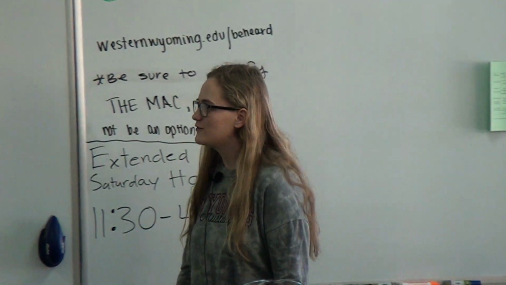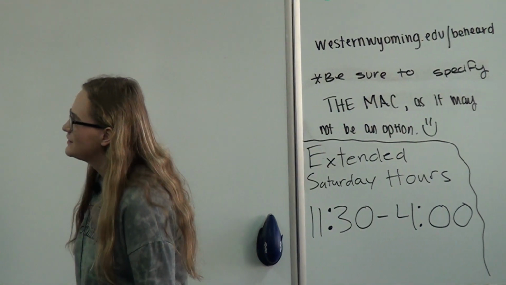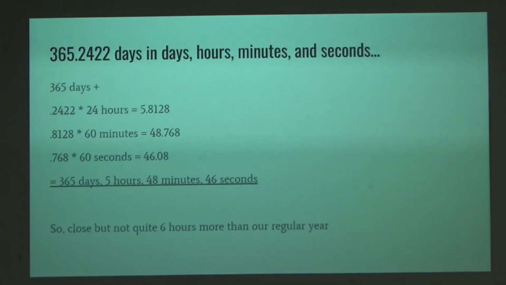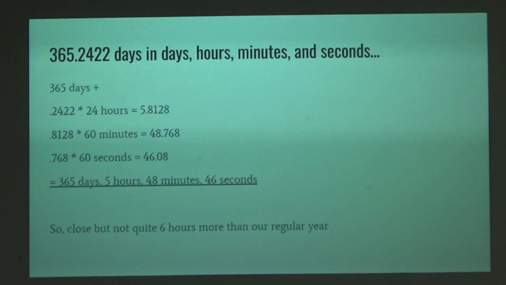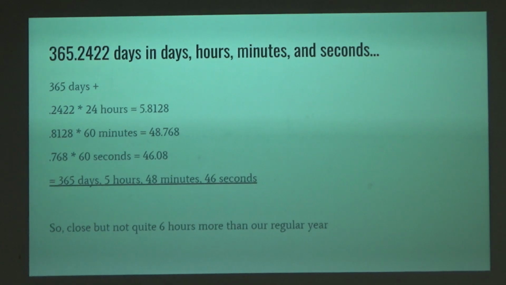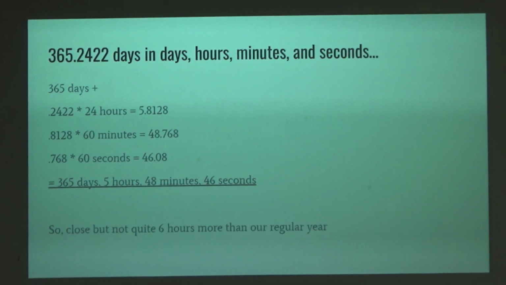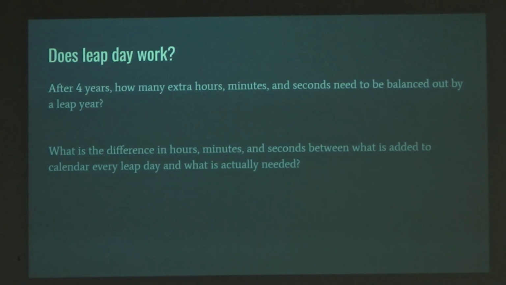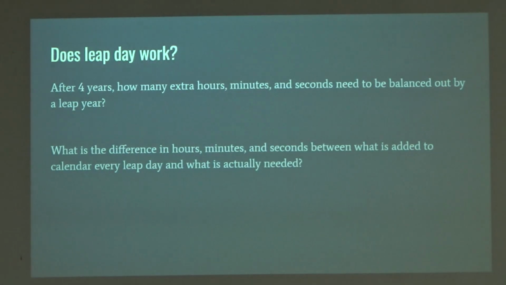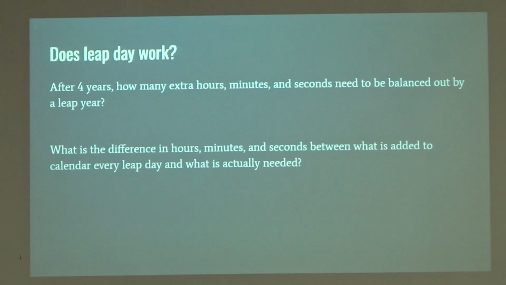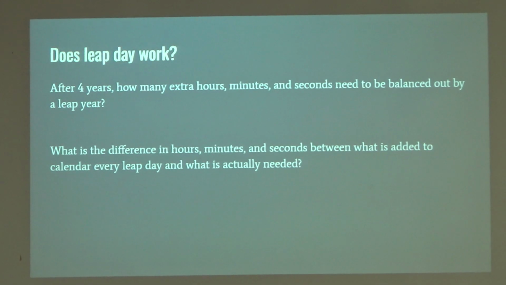So there's the math if that totally went over your head, but it's 365 days, 5 hours, 48 minutes, and 46 seconds. So it's not quite 6 hours more than our regular calendar year. So after 4 years, how many extra hours, minutes, and seconds need to be balanced out by a leap year?